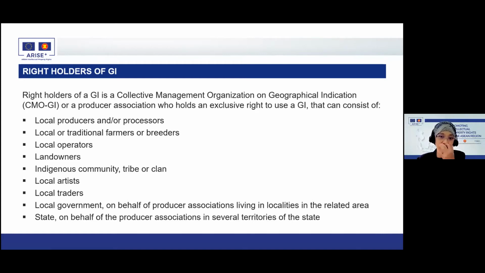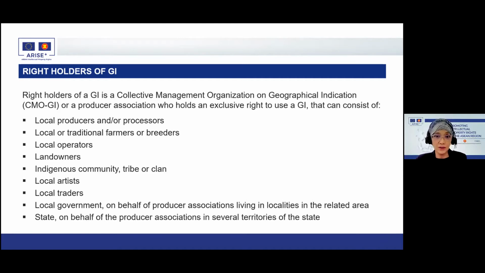In Indonesia, several GIs are held by indigenous communities, and also local artists who live and create their artistic works as a collectivity, especially in the form of artistic handicrafts, who live in the region.